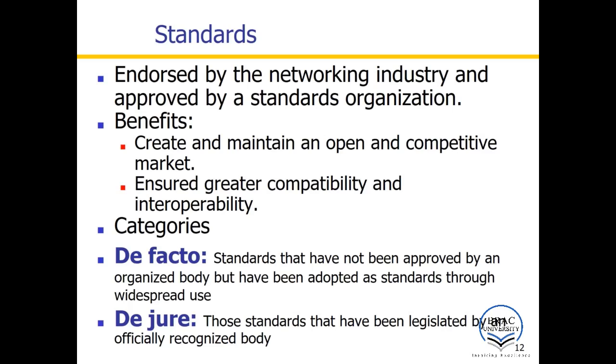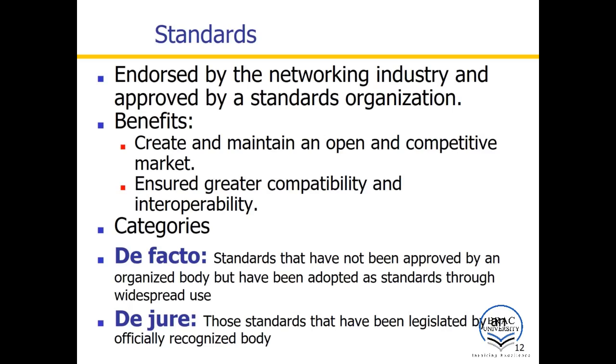The de jure is basically the opposite of the de facto. De jure standards are adopted or defined by an officially recognized standard organization. So the de facto are rules that have not been defined by an organization body, but they became so popular and people are using them so much that they are considered a standard.